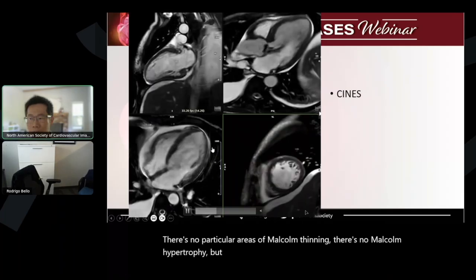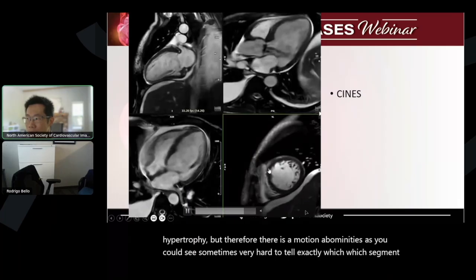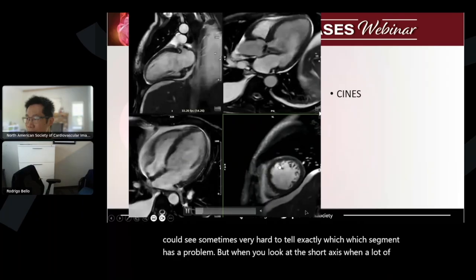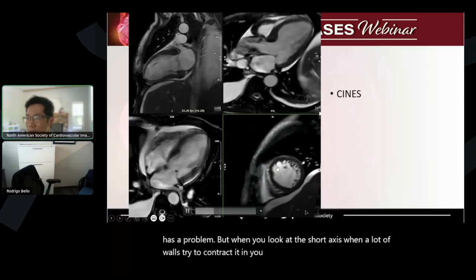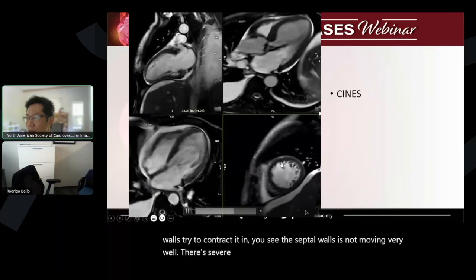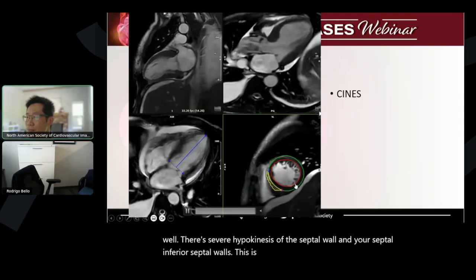As you can see, it's sometimes very hard to tell exactly which segment has a problem. But when you look at the short axis, when the walls try to contract inward, you see the septal wall is not moving very well. There's severe hypokinesis of the septal wall, the anterior septal and inferior septal walls. This is at the mid ventricle level.